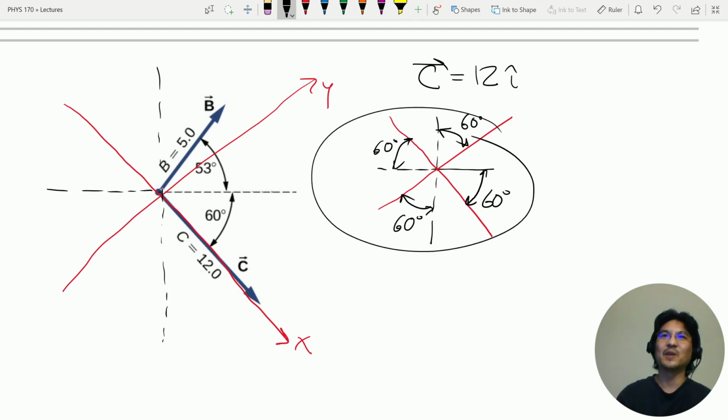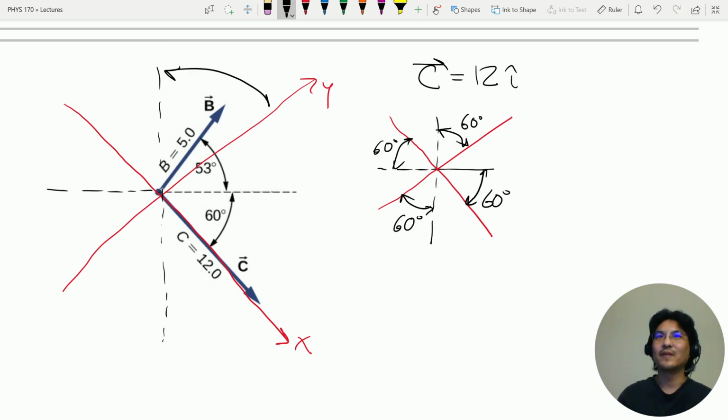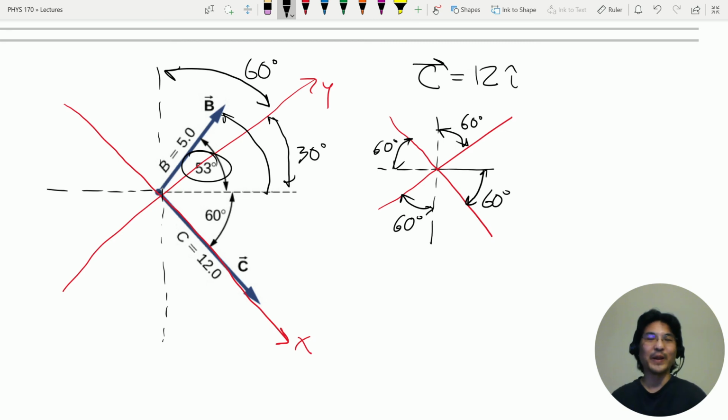Right, now look at this picture and look at this picture. That means this is 60 degrees for sure, right? And since we know this is 90, here to here has got to be 30, right? I didn't really draw it neatly. And then here to here is 53.